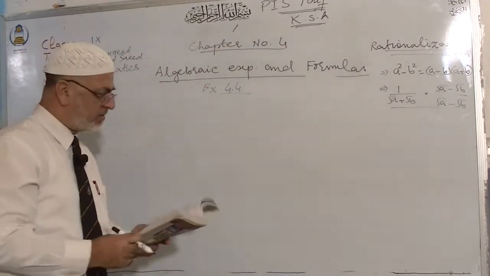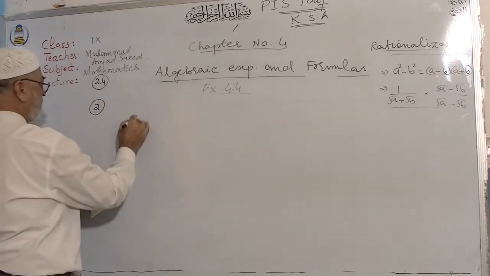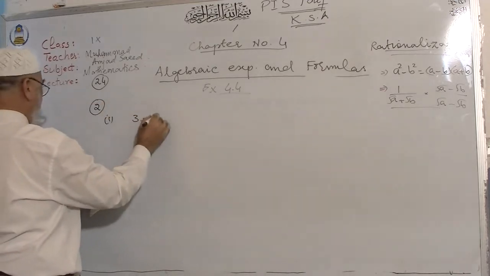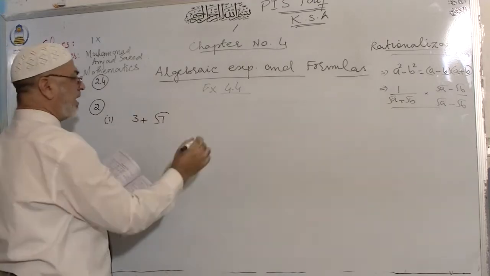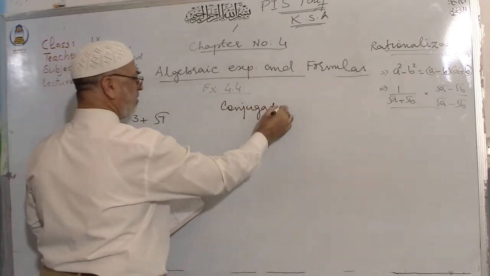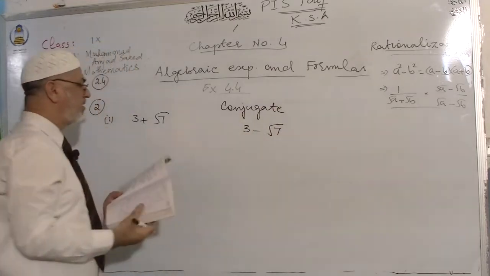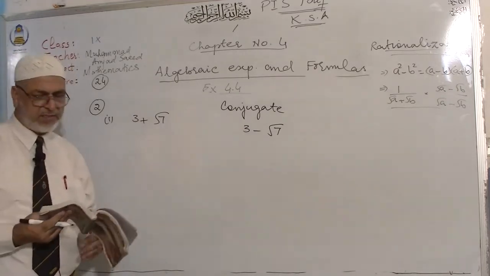Basically, this is oral. Question number 2. Part number 1, 3 plus root 7. What is the conjugate? Conjugate is 3 minus root 7. Change the sign from the center.